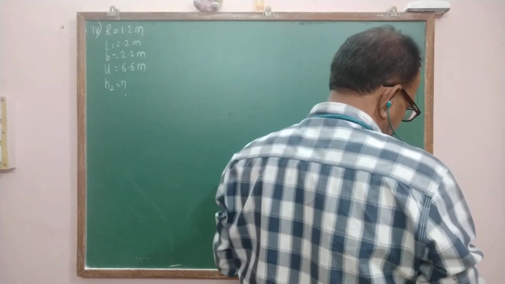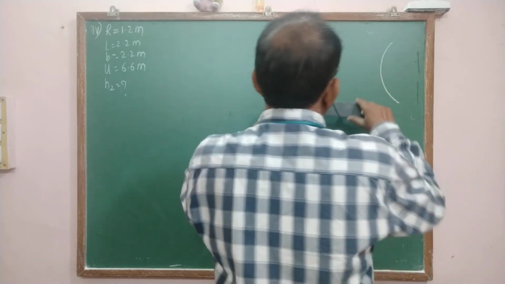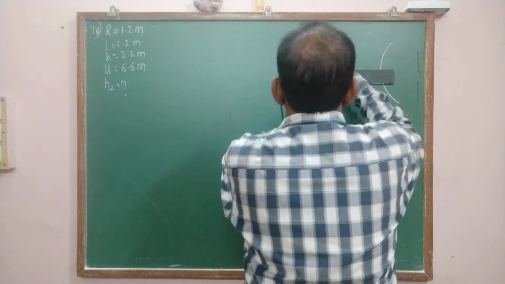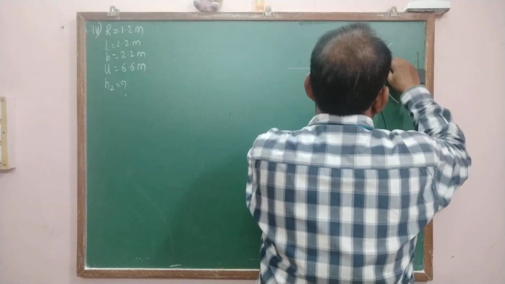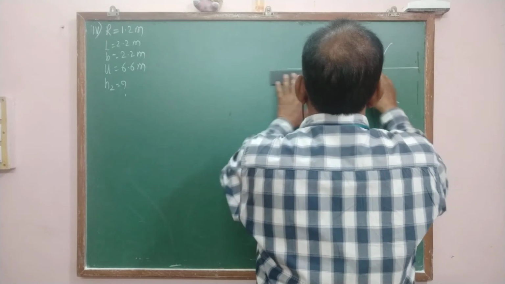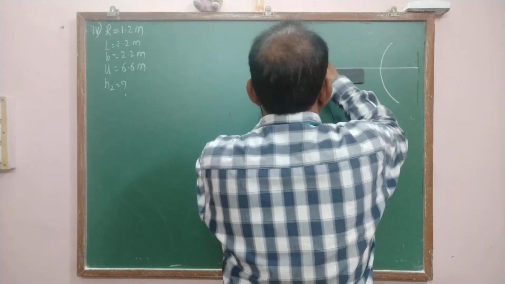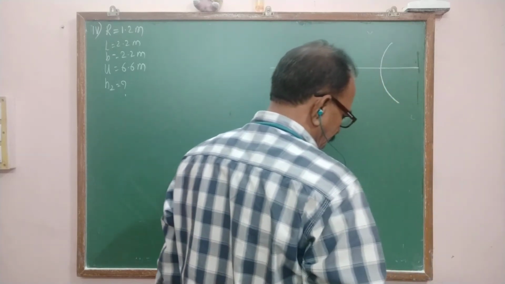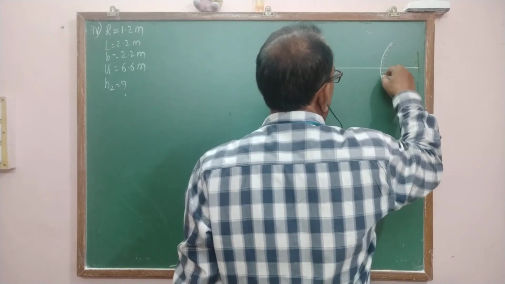The convex mirror is there, and this is the principal axis. Like this.